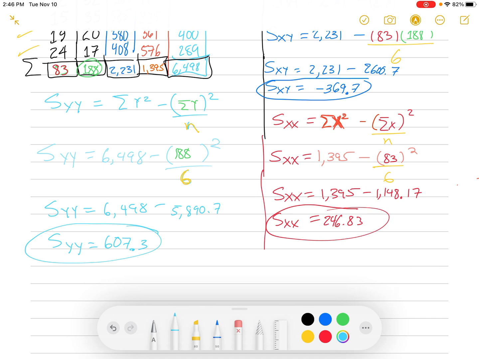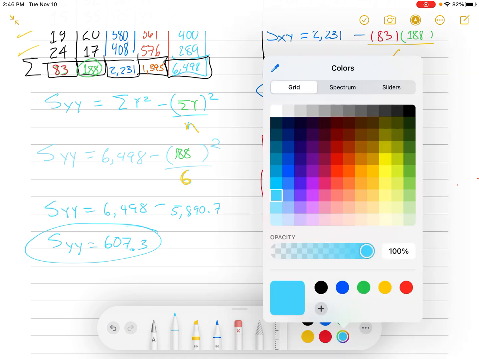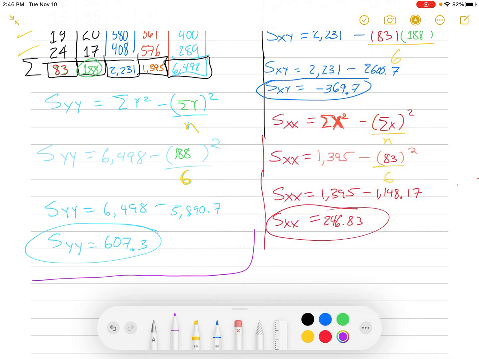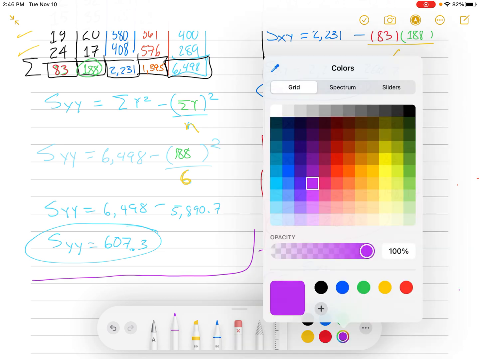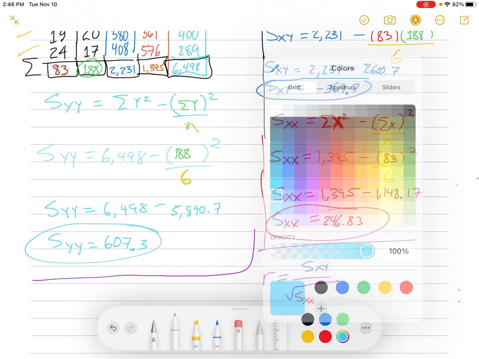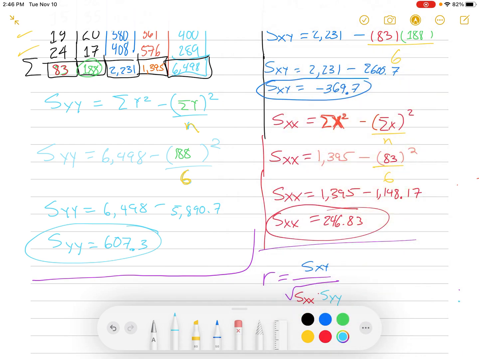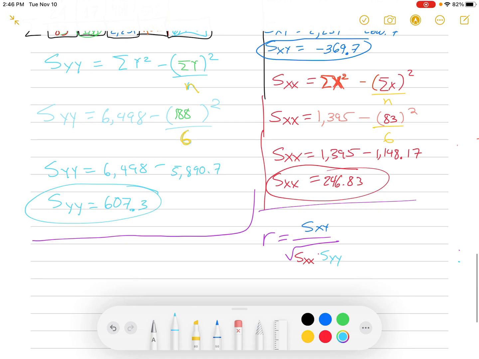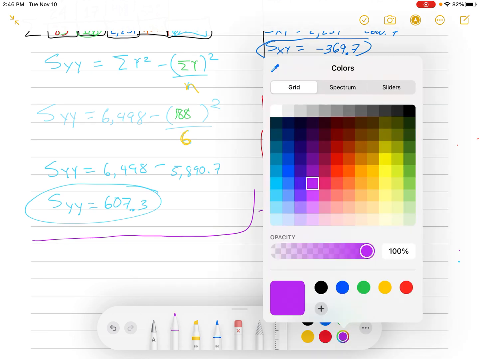Okay, so we've got our 3 important numbers, SXY, SXX, SYY. Now we're ready to find the correlation coefficient. R is SXY divided by the square root of SXX times SYY. So let's plug those numbers in.